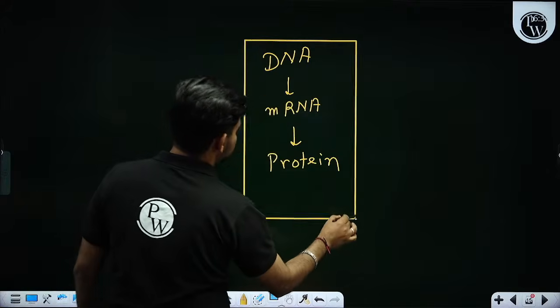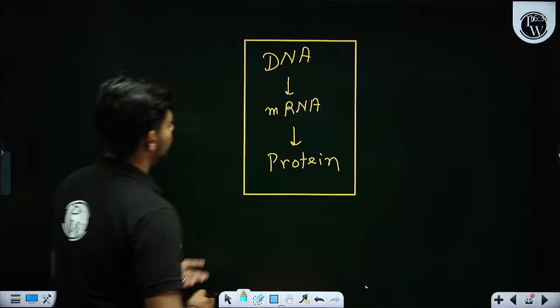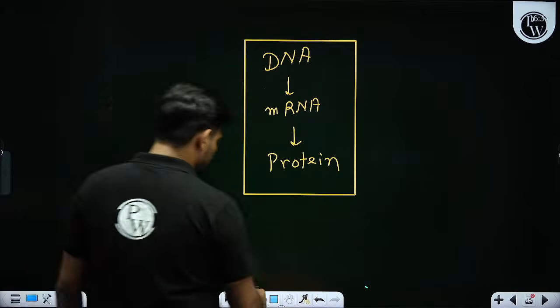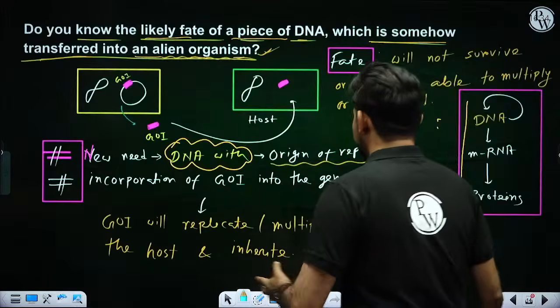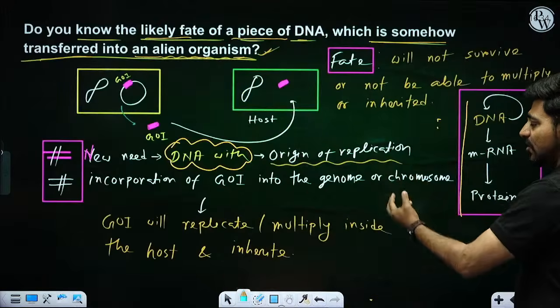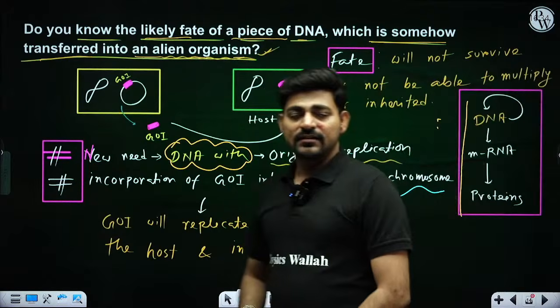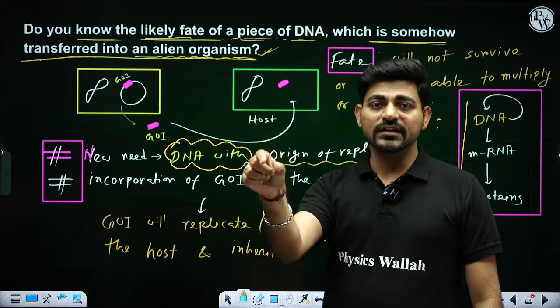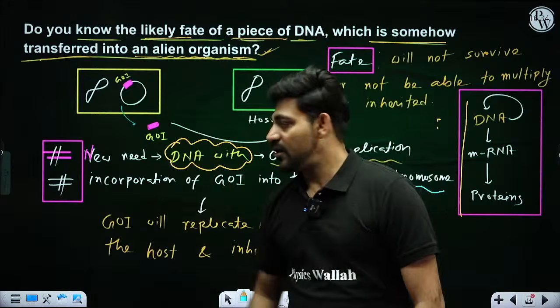This is called the central dogma, and that is the importance of the host genome. So you have to incorporate the gene of interest directly into the genome or chromosome of the host cell, rather than just putting it into the cytoplasm of that alien cell or host cell.